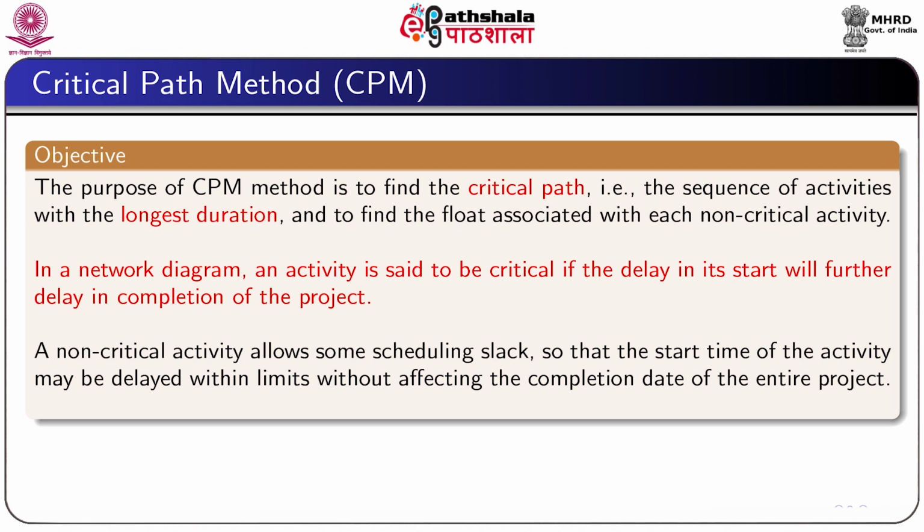An activity in a network diagram is said to be critical if any delay in the activity actually delays the completion of the project. A non-critical activity allows some scheduling slack so that the start time of the activity may be delayed within limits without affecting the completion of the entire project.